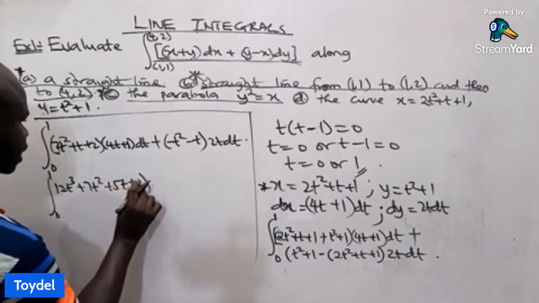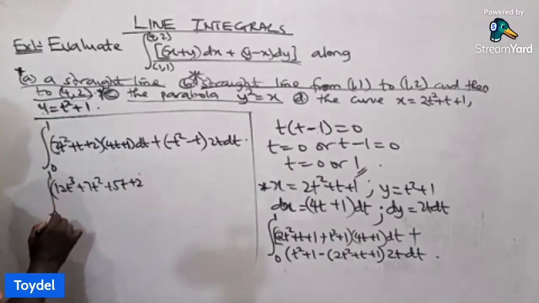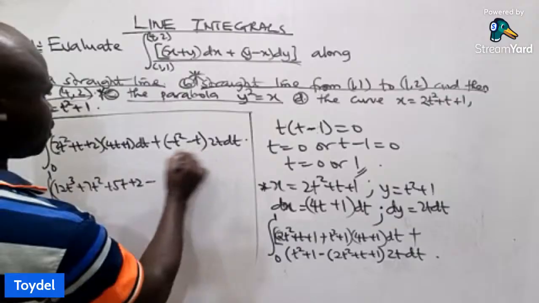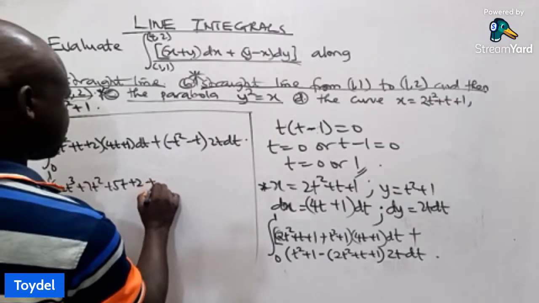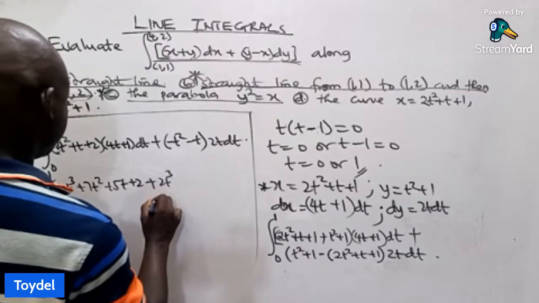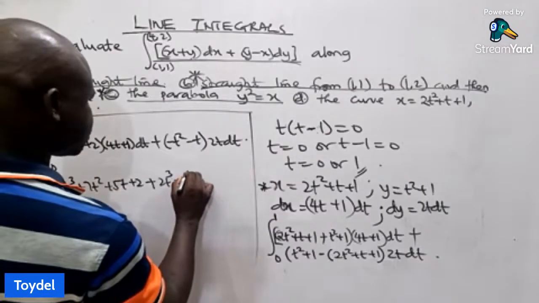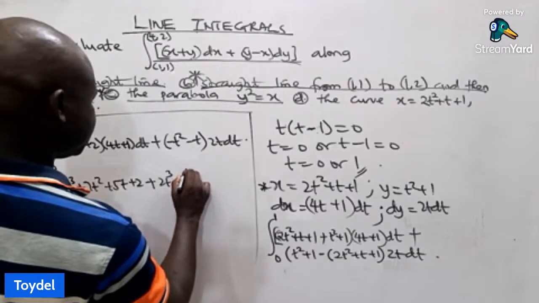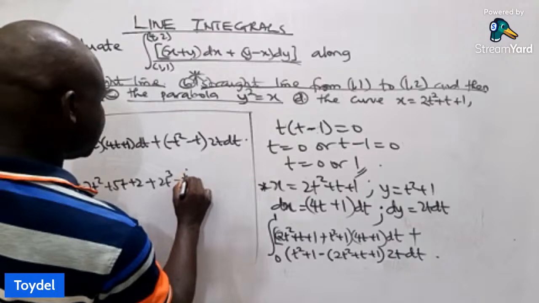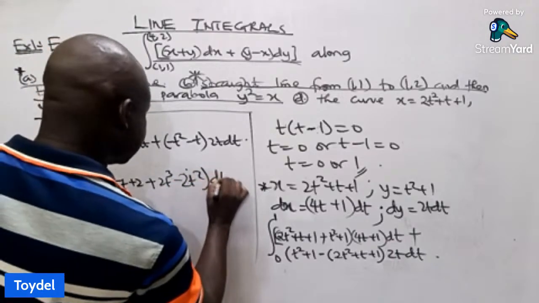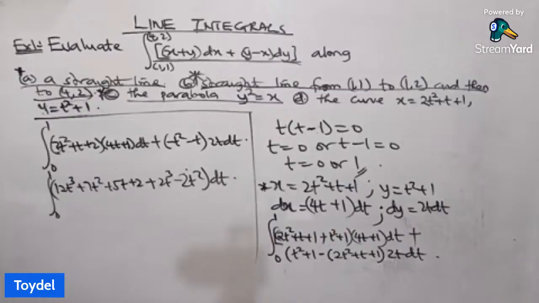This is what I'm going to get here. Plus 2. Minus, if I open up here, I'm going to get plus 2t cubed minus t squared minus 2t squared. Everything into bracket dt.